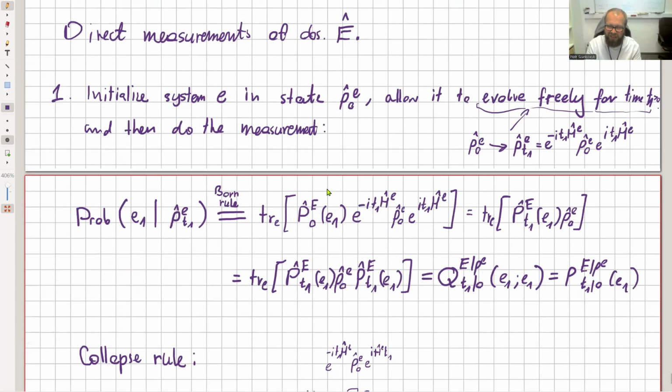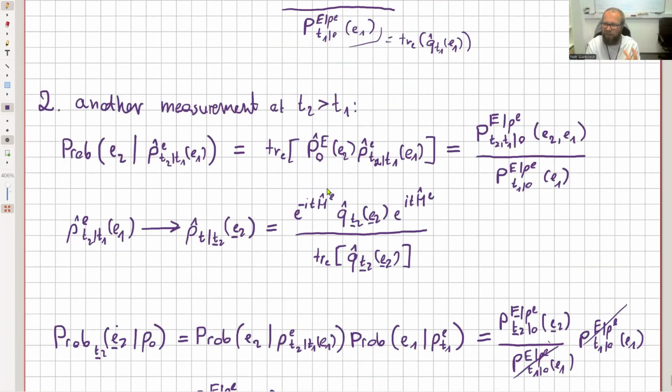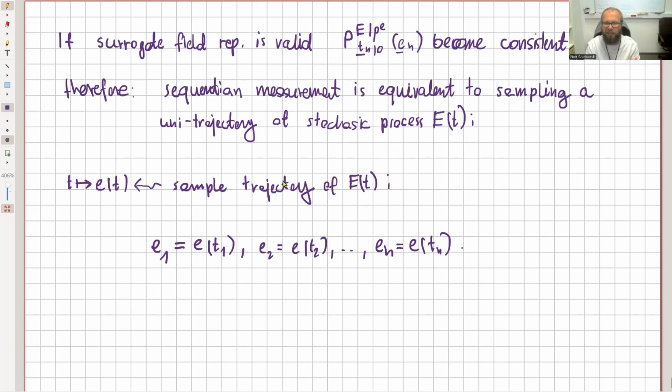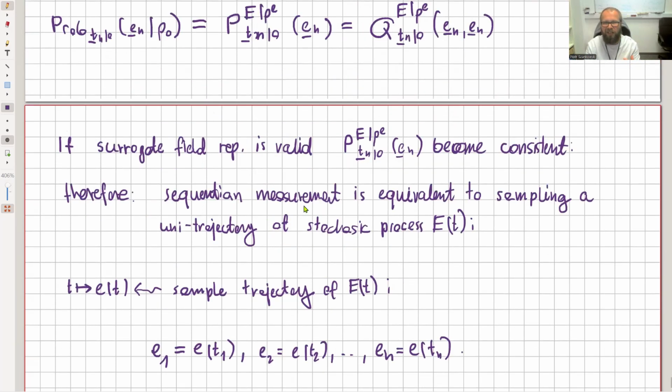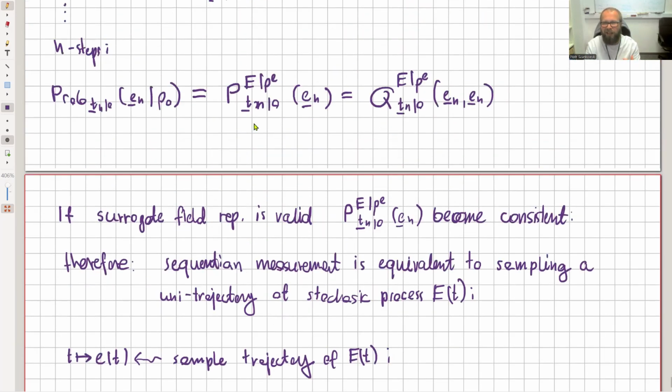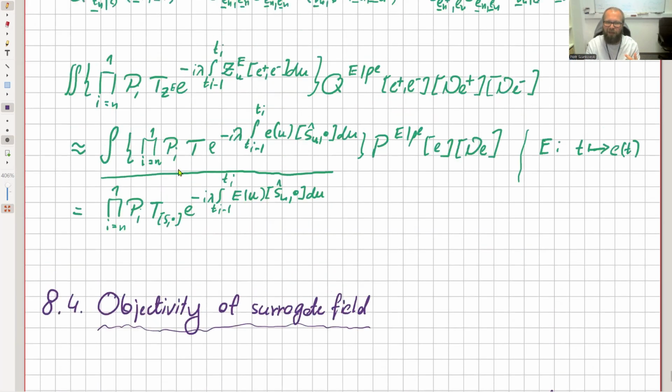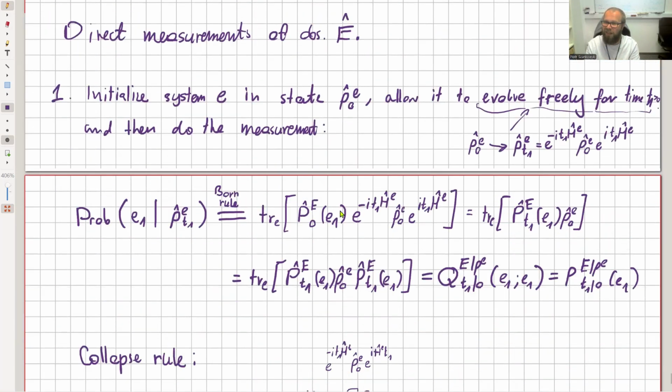Because the probability distributions for your measurements, as well as the probability distributions that govern this stochastic average here, are the same. These are the same probability distributions, right?